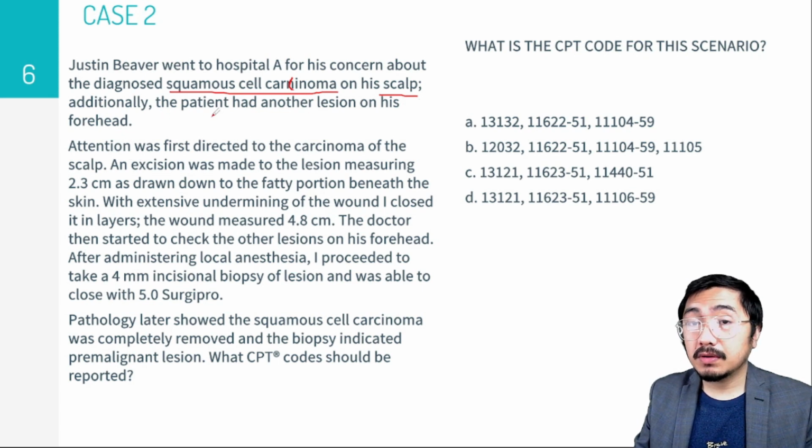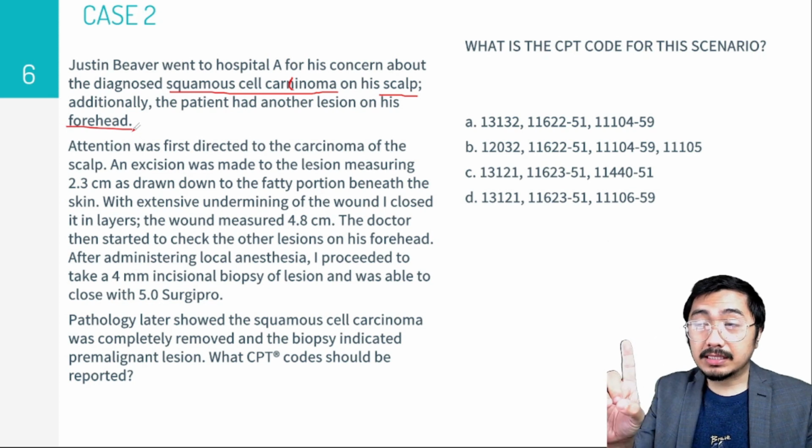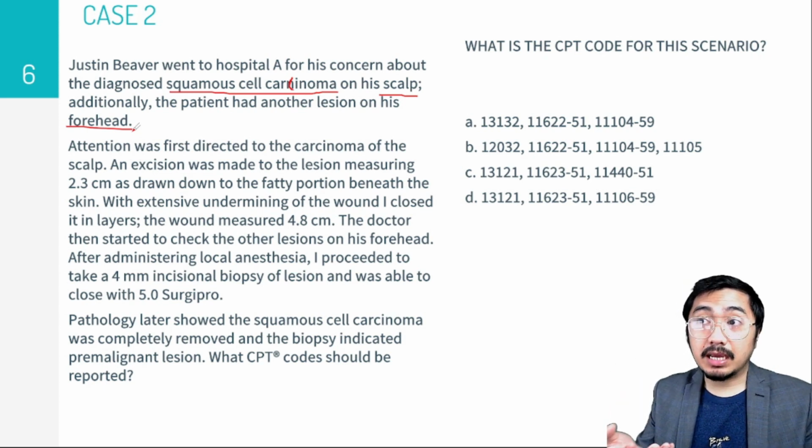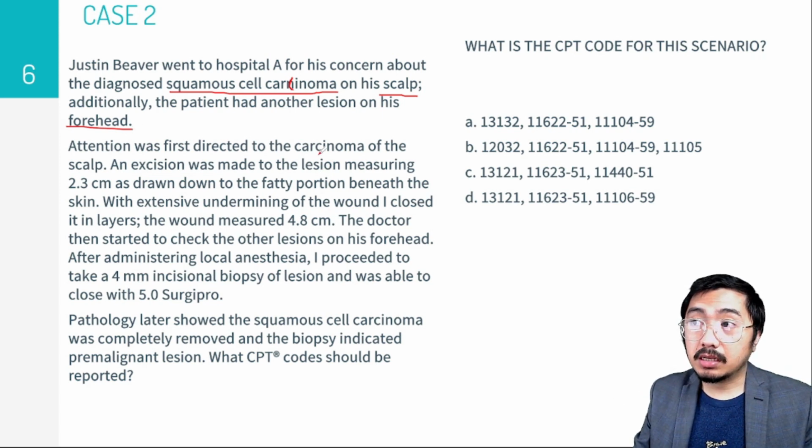Additionally, the patient also has another lesion on his forehead. So you have a cancer or a malignant lesion on the scalp, and also another lesion, it's not mentioned yet if it's benign or malignant, on his forehead. So let's check what was done to those lesions. You have first the carcinoma of the scalp. The doctor excised that lesion.